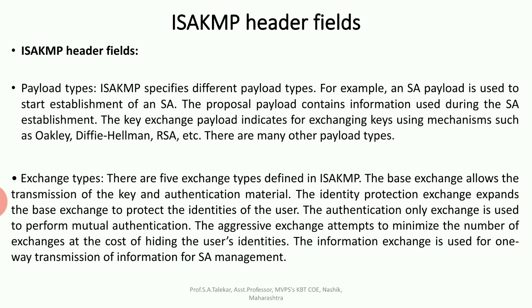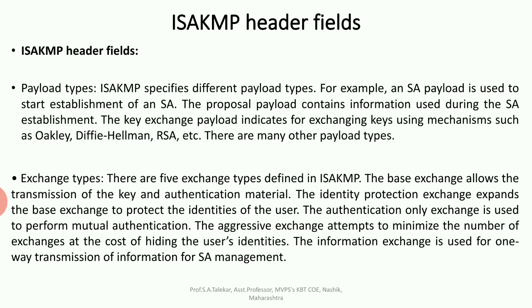Another field is exchange types. There are five exchange types defined in ISAKMP. The base exchange, which allows the transmission of the key and authentication material. The identity protection exchange, which expands the base exchange to protect the identities of the user.